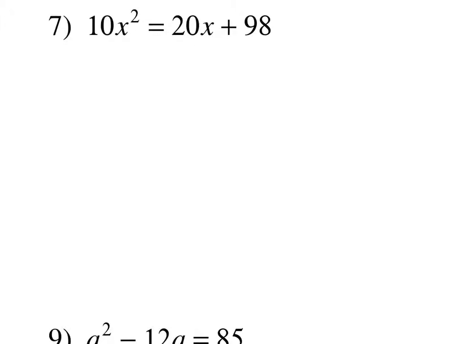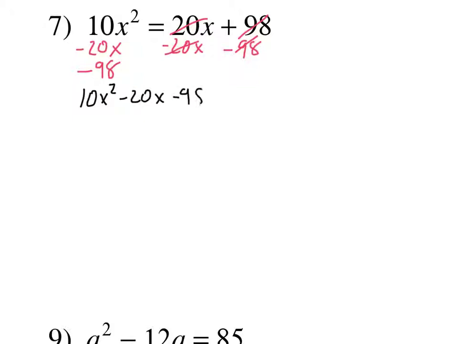So for number 7, first thing we need to do is rewrite this in standard form. So I'm going to subtract 20x from both sides. I'm going to subtract 98 from both sides. Now I'll rewrite. So 10x squared minus 20x minus 98 equals 0.